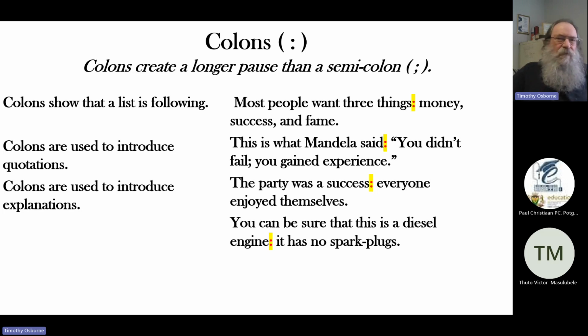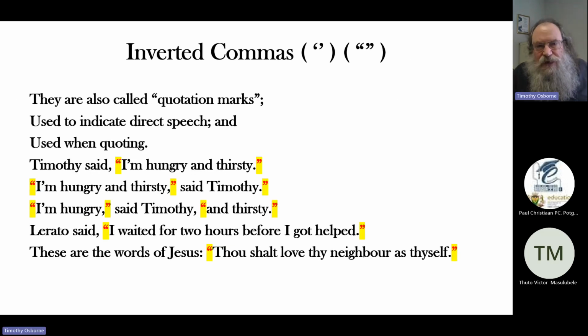Aren't you pleased? Now we come to inverted commas. You will see there are 2 types. There's a single and a double inverted comma. Now, when do you use which? Well, basically, the 2 of them are interchangeable. When I write, I recommend you use double inverted commas because it stands out more clearly on the paper.